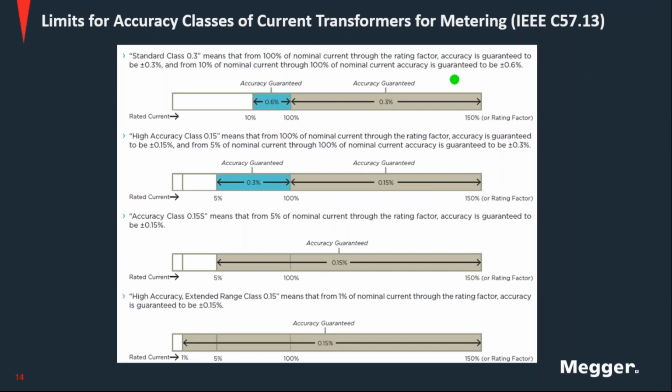Of course, the higher the accuracy and the bigger the range, the more expensive the CT or voltage transformer, and they need to be installed in the proper application. You might not be able to interchange these classes because you may not cover your application accurately.